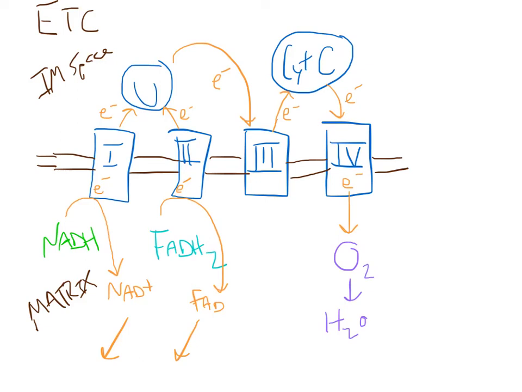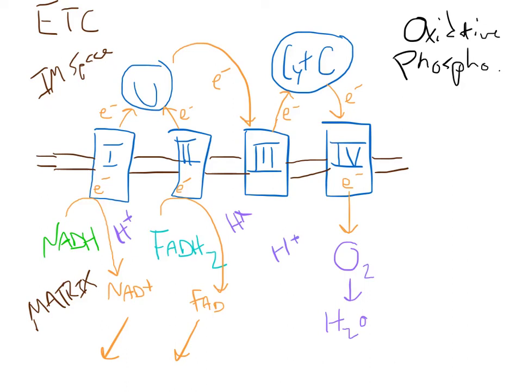So what we still have to take into account that we haven't looked at yet is what we called oxidative phosphorylation. And what we have to remember is that as we form our electron transport chain, and as we pass these electrons, hydrogens, or sometimes we just say protons, are going to be pushed across this membrane.